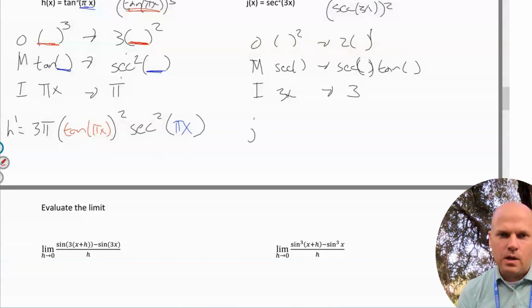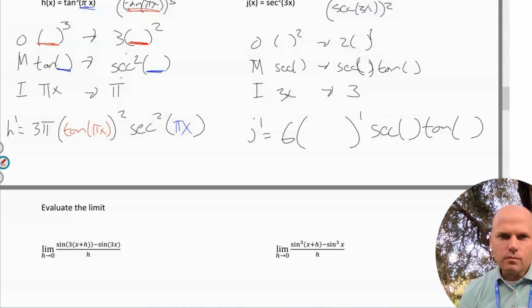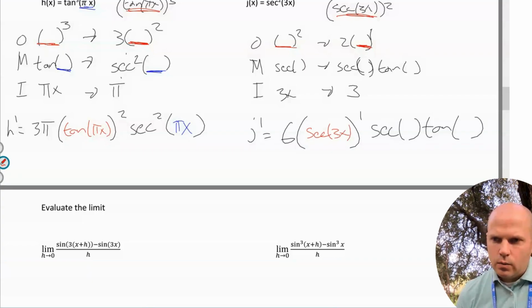Then we got the 3, and if we wanted to multiply the 2 and the 3 together, we got a 6. We got a big set of parentheses to the first power, and then we got two smaller sets of parentheses. What started in the parentheses stays in the parentheses, so whatever started here, which is secant 3x.